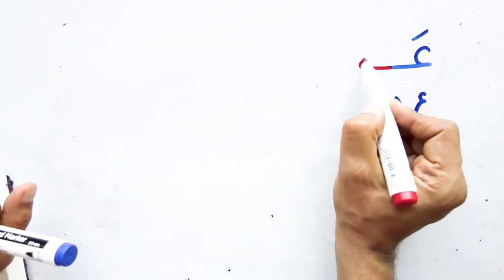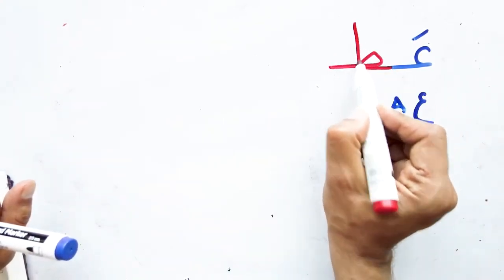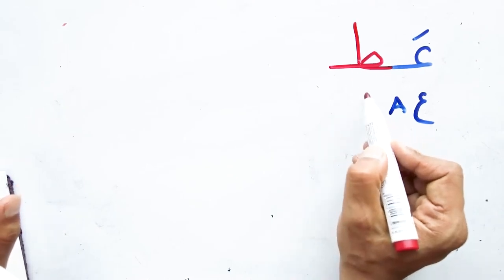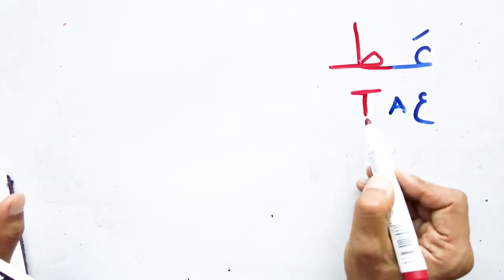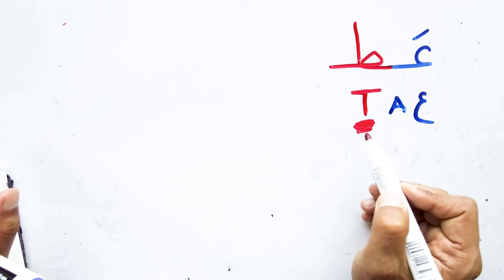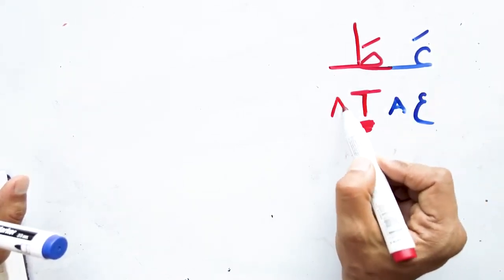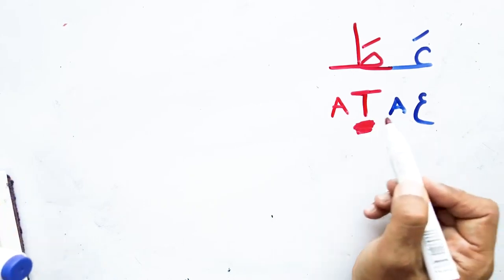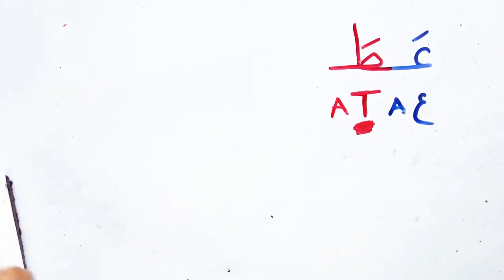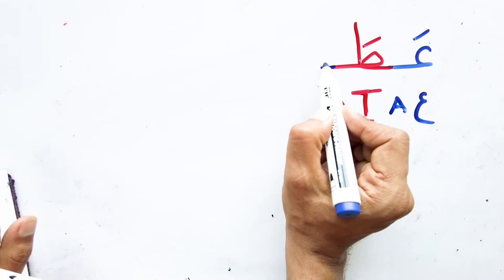Ta. The sound of this letter doesn't exist in English. It sounds like strong T. It is not T, it is ta. This mark on the top sounds like A. Se.